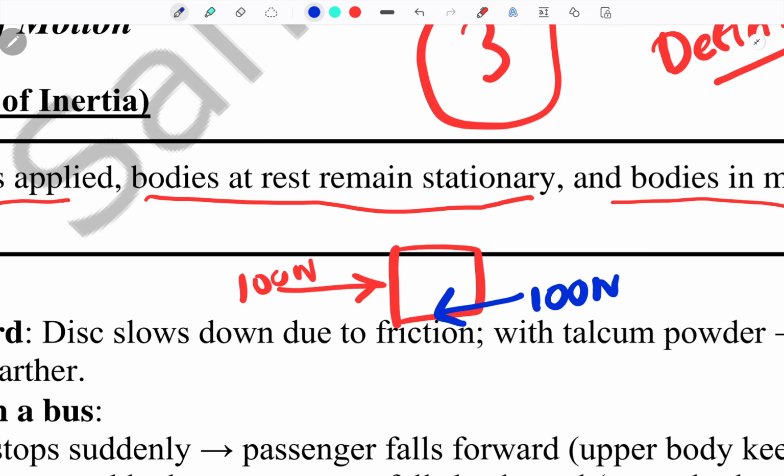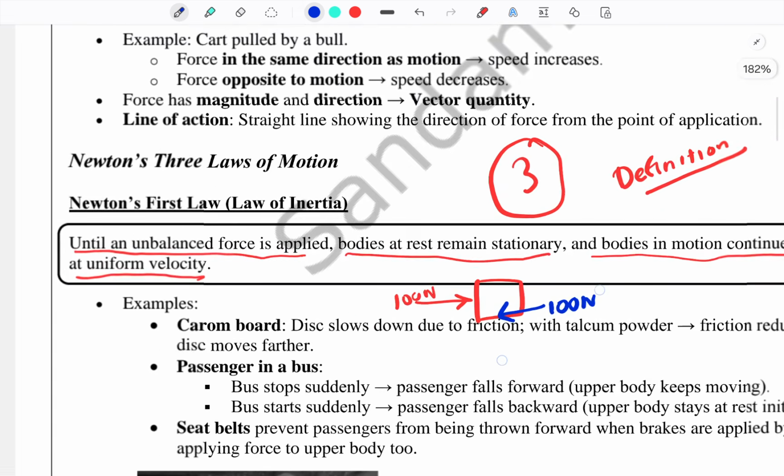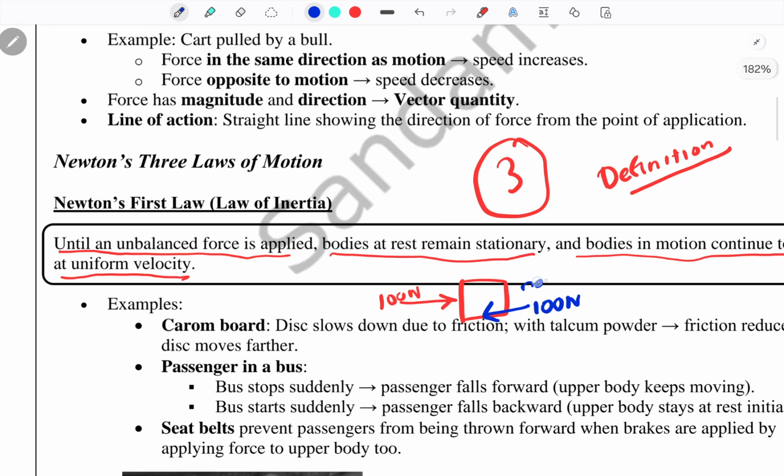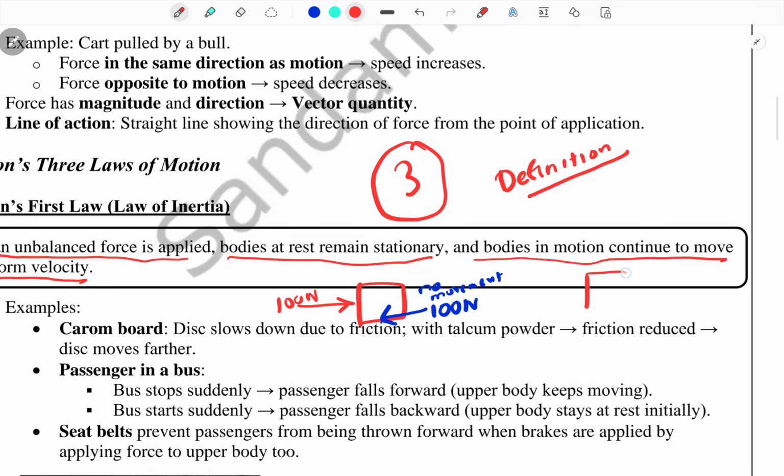Does this body move? No, right? No movement. But think its limitation is like 150. So you are giving 200 Newton. Think the maximum resistive force the floor can give is 150 Newton.